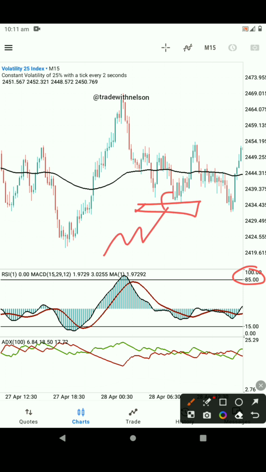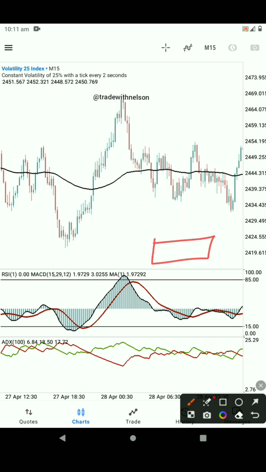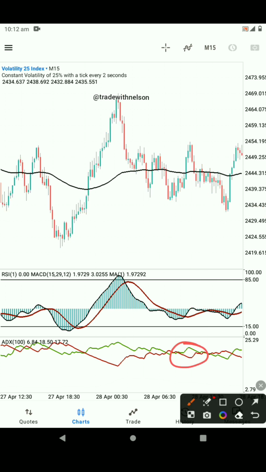We expect the market to buy to this level and then sell to the downside, because at the overbought level, the sellers will be in control. The 15 level is the oversold level. When the market sells to this area, we expect it to buy to the upside, because here the buyers are now in control. The ADX helps us to confirm exactly when the buyers or the sellers are in the market.